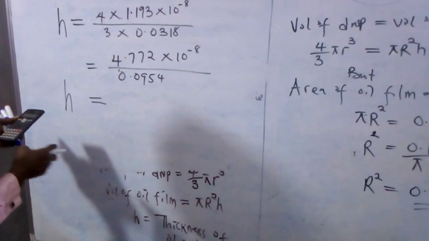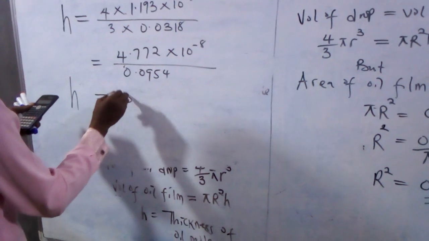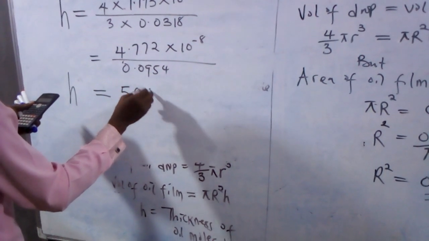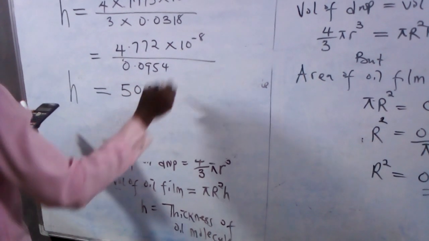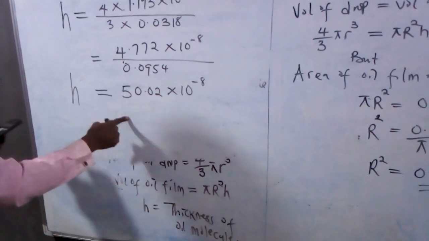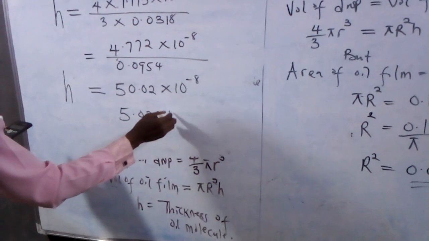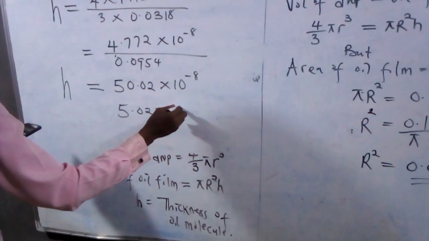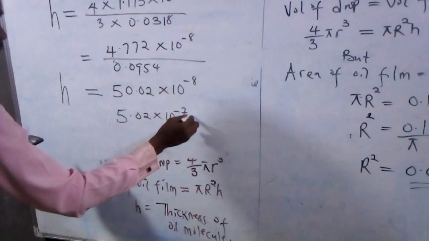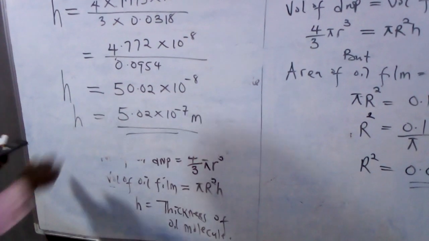That will give us 50.02 times 10 raised to power minus 8. This expression is the same thing as 5.02 times 10 raised to power minus 7 liters. So that is the thickness of the oil film.